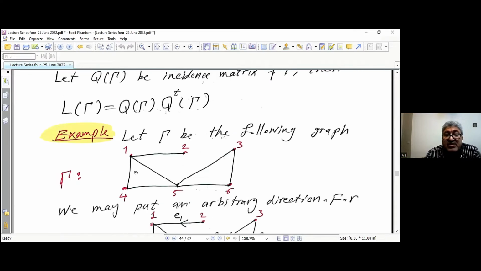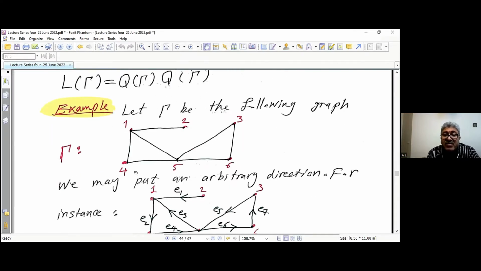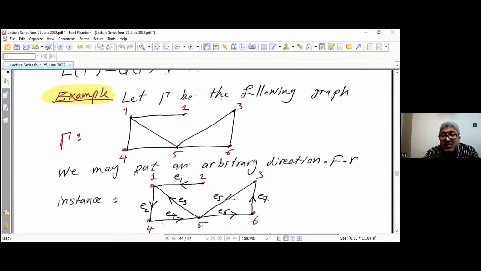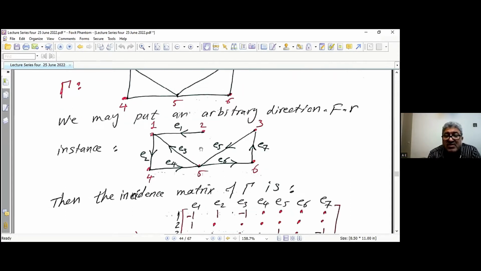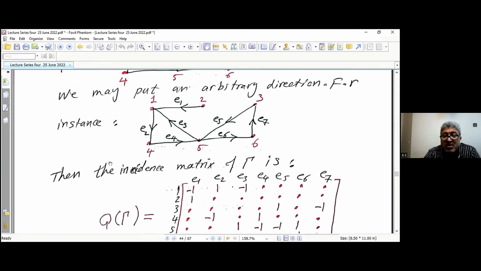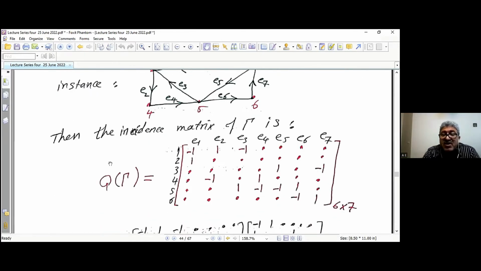For example, look at this graph, gamma. To find the incidence matrix, we may put just any direction. So I put an arbitrary direction for graph gamma. Look at here, we just put some directions. Now here is the incidence matrix.